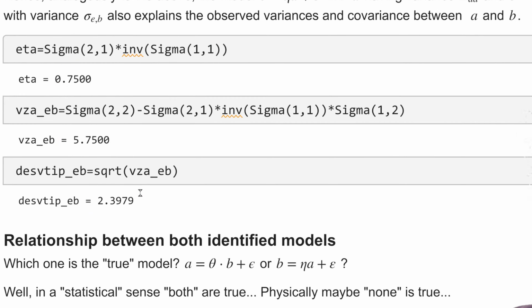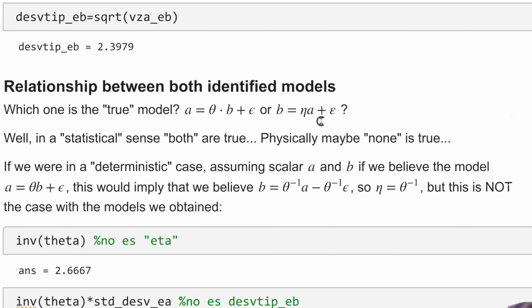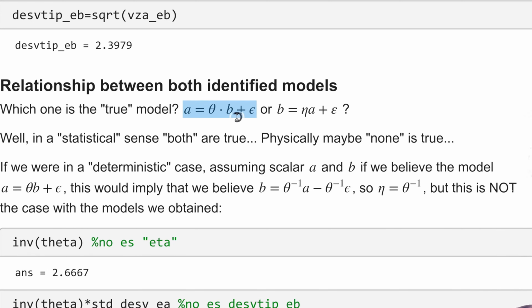So now we can think, okay, if I have a model that predicts A from B and I have a model that predicts B from A, which one is true? If we were in a deterministic case, for instance, if I have this model, I would be able to algebraically obtain B like this.